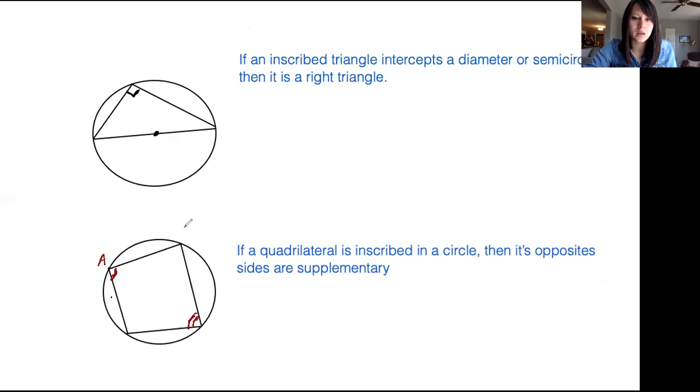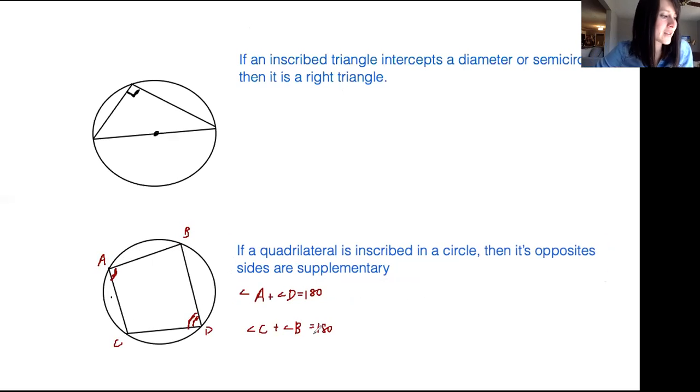So A, B, C, D. Angle A plus angle D equals 180. Angle C plus angle B equals 180. And that's something that's just true about these inscribed quadrilaterals. So let's go back to our study guide and practice this a little bit.